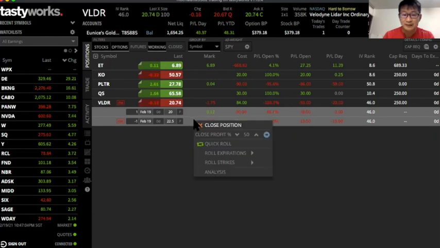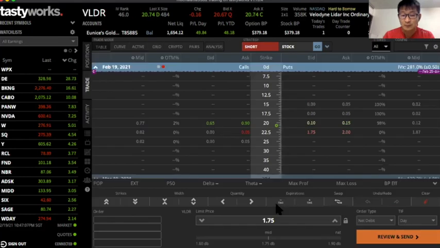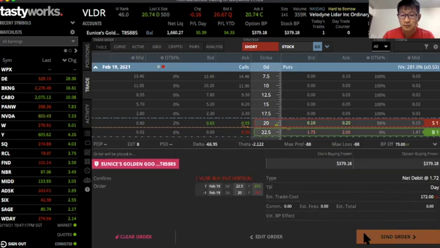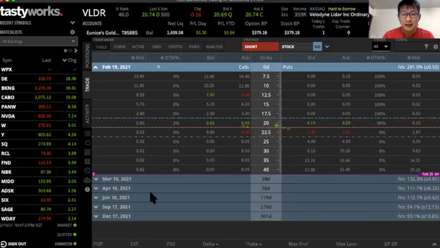When you right click, you can close it if you want, but when you close it, you need to pay an additional 1.72, which is the loss. But now I don't want to take the loss, and I want to repair this position.